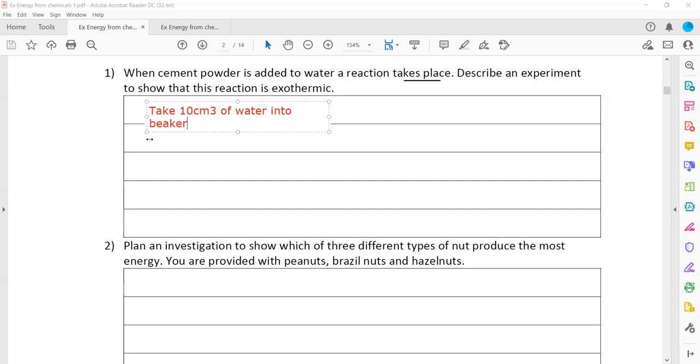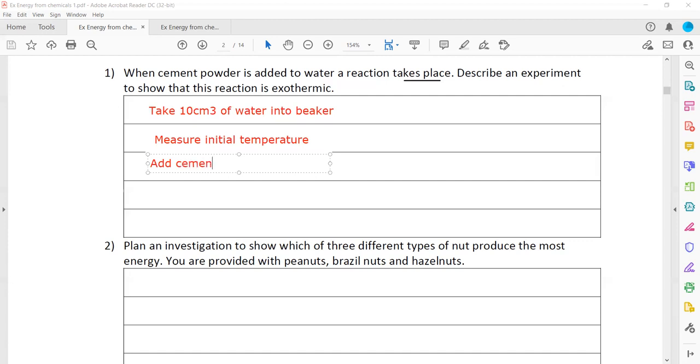Then we'll measure the initial temperature, or the starting temperature. Then we will add the cement powder. Then we'll record the final temperature.